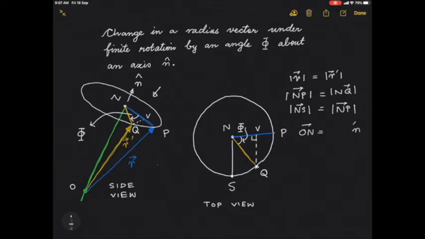Now, what is ON, this vector? Well, it has a direction n cap, and the magnitude is whatever you will get by projecting r into n, because this plane is perpendicular to the axis. So which means that ON is r projected along n, which is r dot n cap times n.